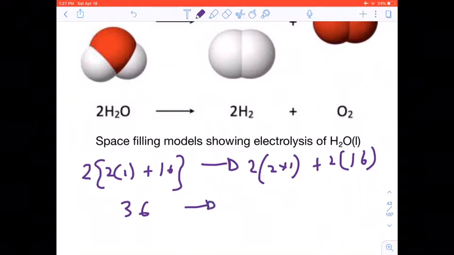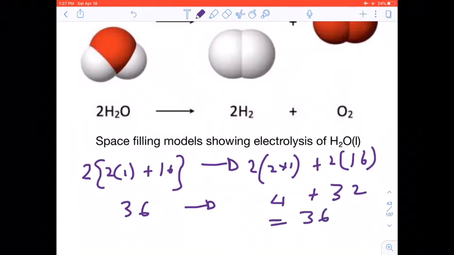And here we've got 4 plus 32, which also gives us 36. So we can see there that the mass of our reactants is equal to the mass of our products.